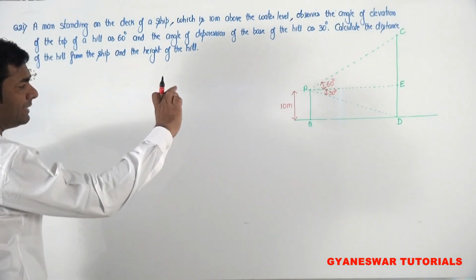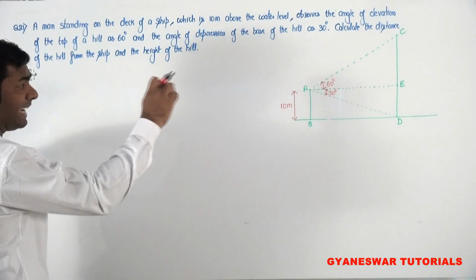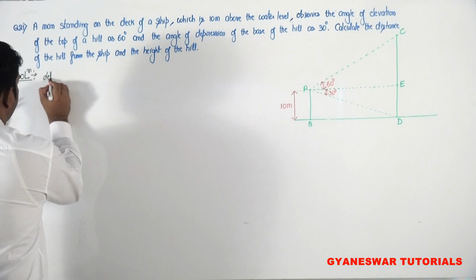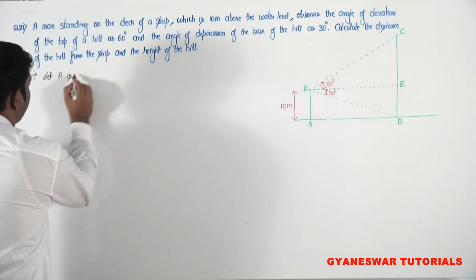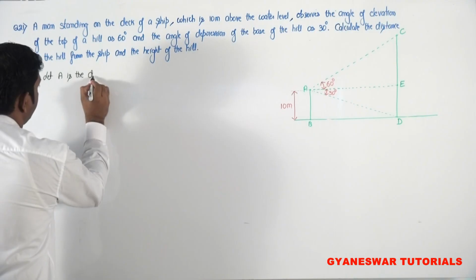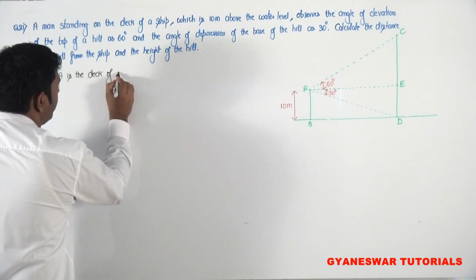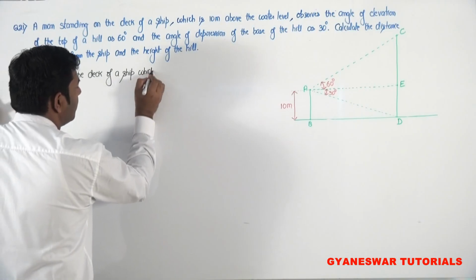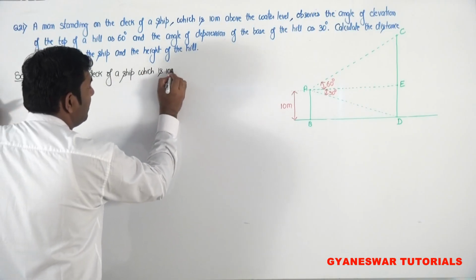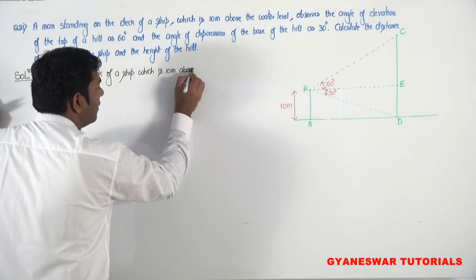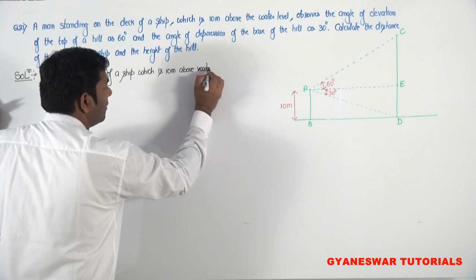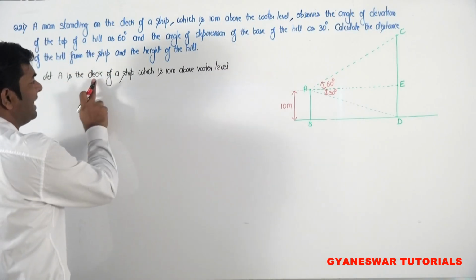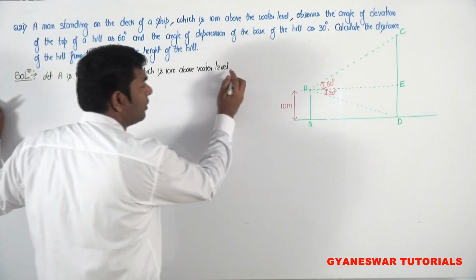let A be the deck of the ship, which is 10 meters above the water level.